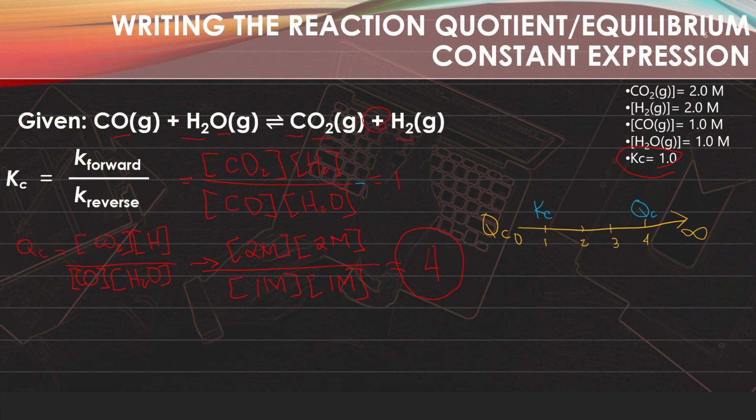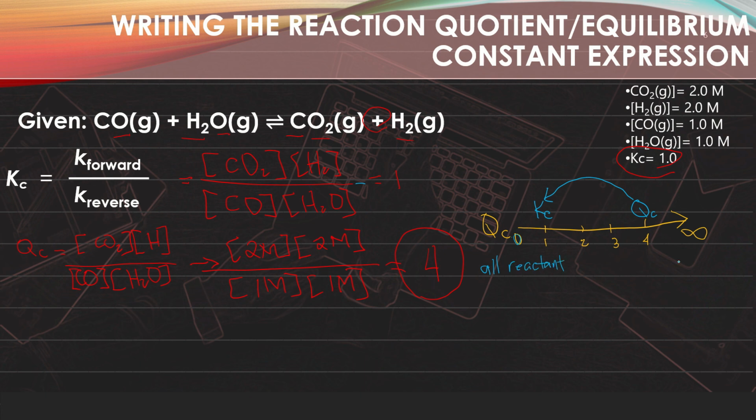So, QC. So, what will happen? So, since QC as our point of reference, siya ang mag-adjust, siya ang mag-move. So, QC, remember, so QC will move towards the KC. So, nag-move siya papunta sa left. Remember that papunta sa left, ang QC natin ay 0. So, ibig sabihin nito, this is all reactant.